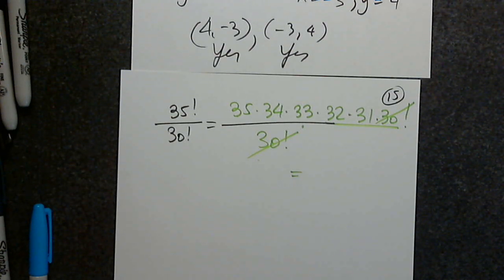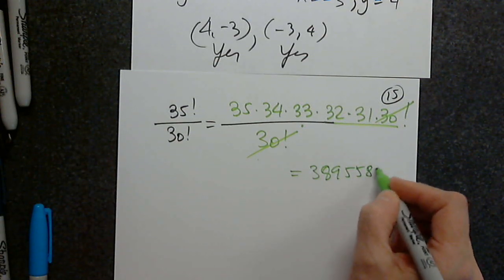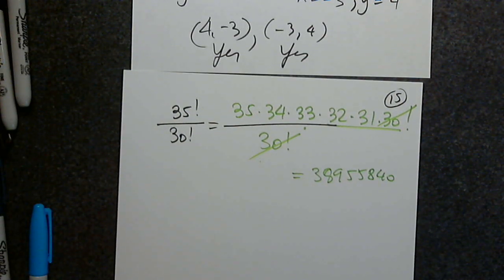So 35 times 34 times 33 times 32 times 31. And I got 38,955,840. Good. Anything else?